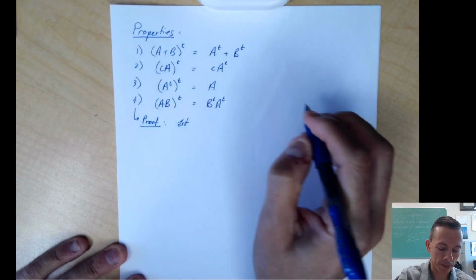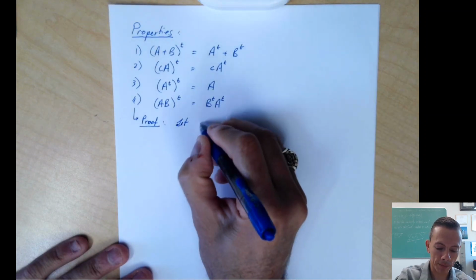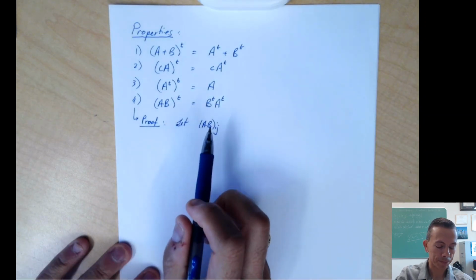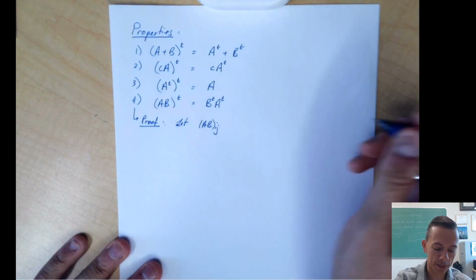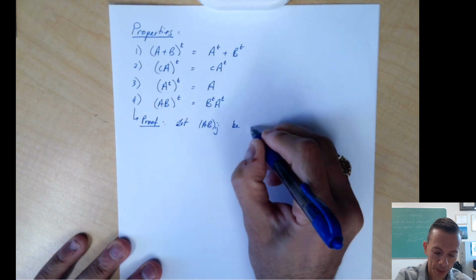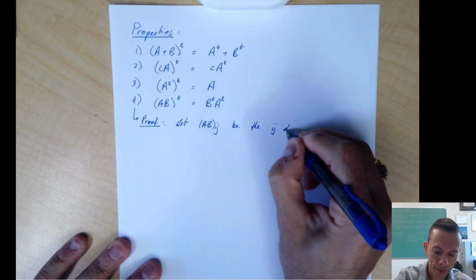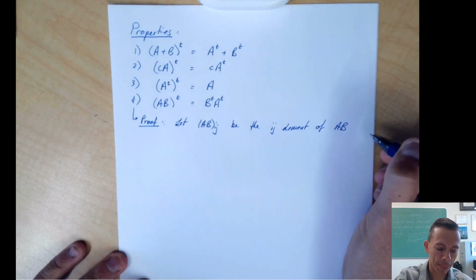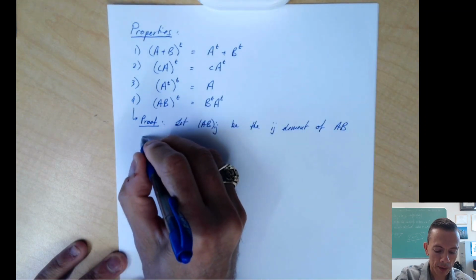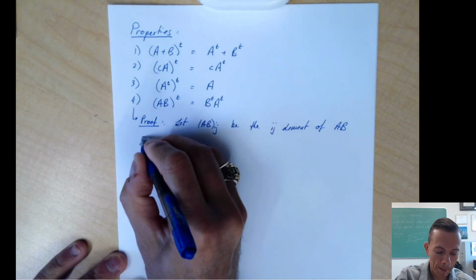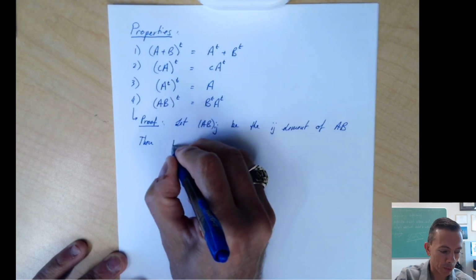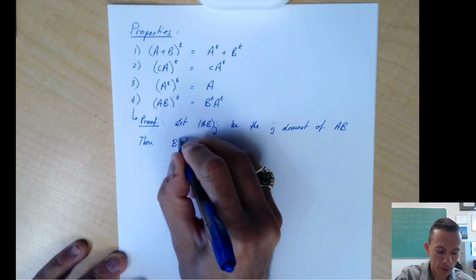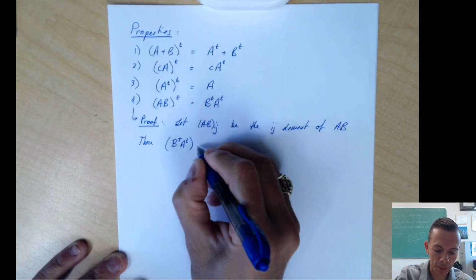So let's start with looking what happens element by element. So if you take AB and IJ, let's call this the IJ element of the matrix AB. Okay, similarly, we're going to take the matrix B transpose A transpose and look at its element IJ.